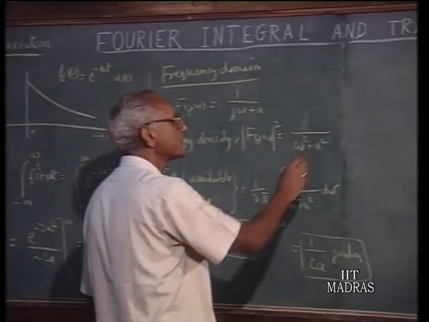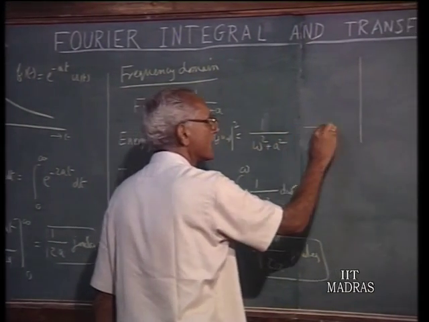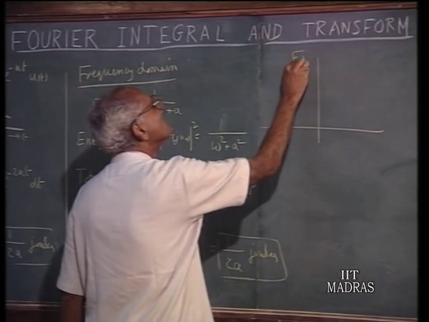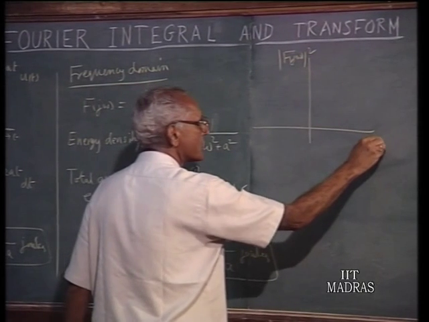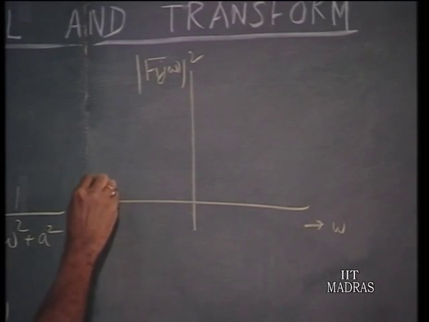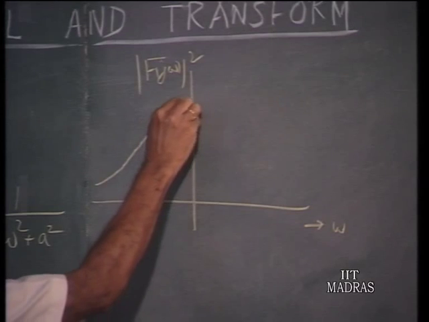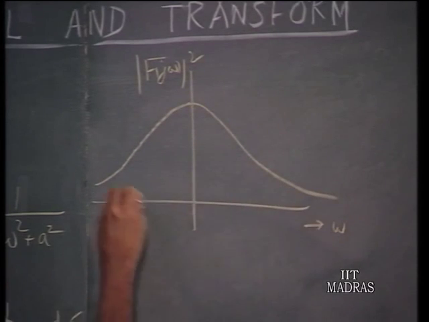If you plot f of j omega squared versus omega, the energy density as a function of frequency omega, you will get a curve like this. So, this is the energy density.